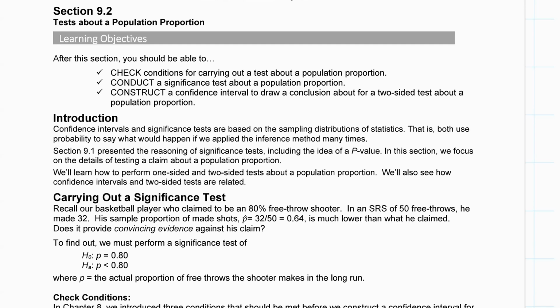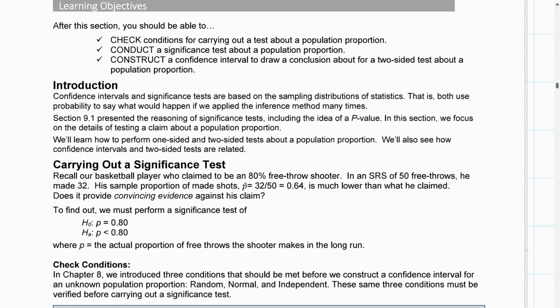Low p-values give us the ability to reject H naught as a truthful claim and accept HA as a truthful claim. When we don't have enough evidence, when we have a high p-value, we say that we fail to reject H naught.